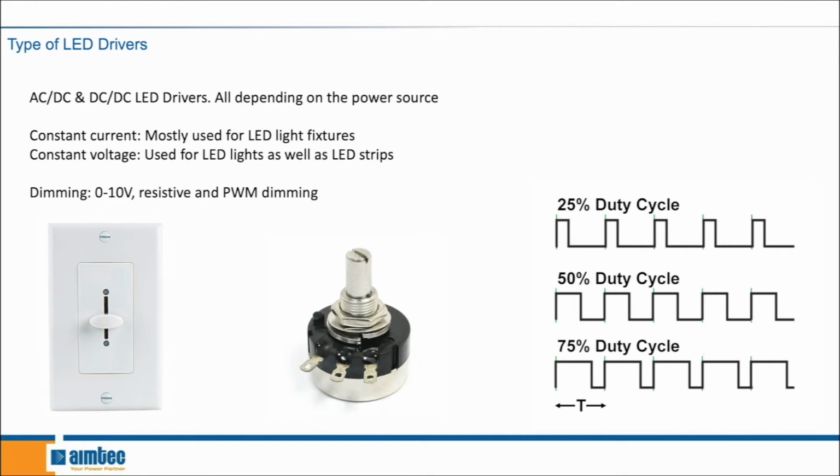So in the example on the right, if we have a 25% duty cycle, meaning that there is an on signal only 25% of the time, you will have a much dimmer light compared to a 75% duty cycle, which sends the on signal for 75% of the period. So a PWM dimmer is able to modulate that pulse and can increase or decrease the brightness of the LED.